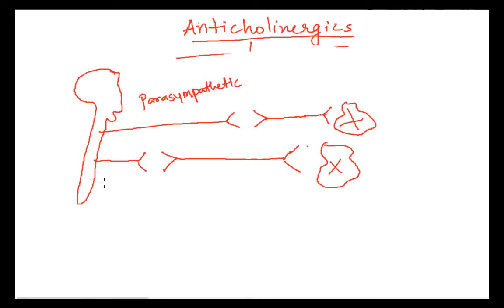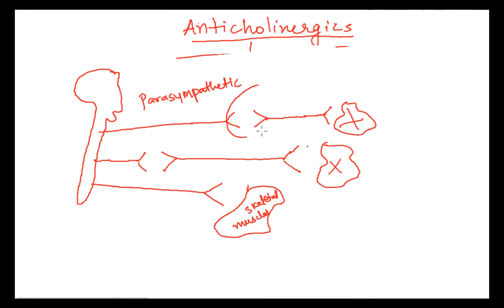And the third one is the skeletal one. So you have skeletal muscles here, and this is the ganglion. In both parasympathetic and sympathetic, the preganglionic neurons have acetylcholine as the neurotransmitter, and at the skeletal muscle junction you have ACH as well.